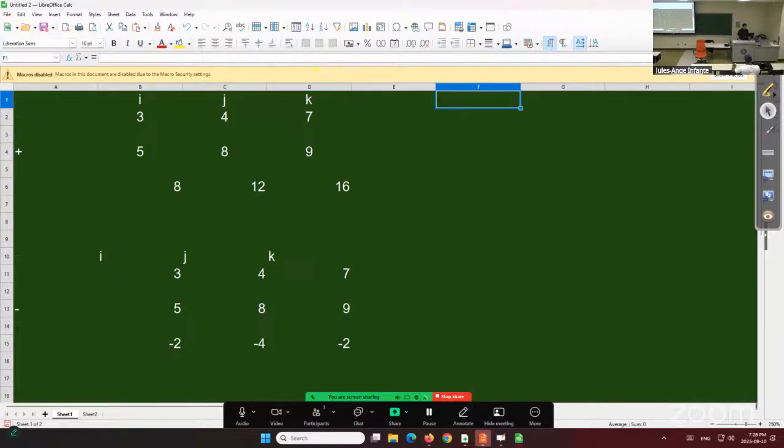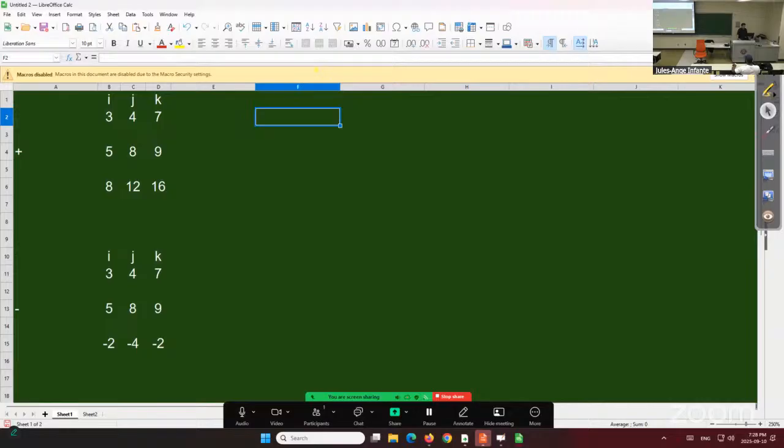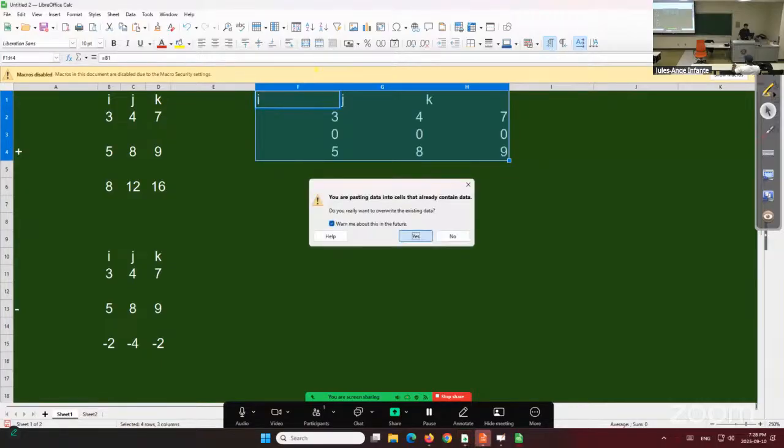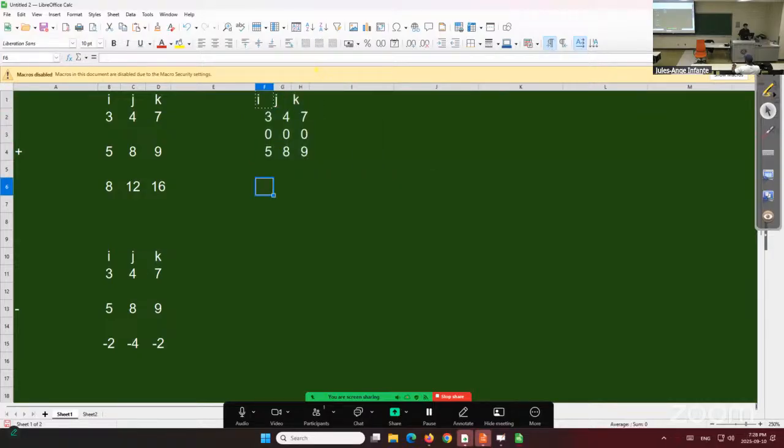Now, we go a little bit more challenging. So let's say I want to multiply these vectors.